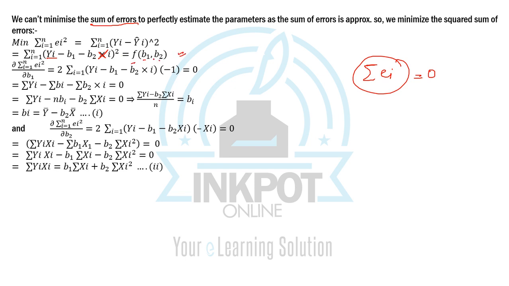Now, in order to minimize that, we'll find the first order condition. The square will come ahead, and the summation will remain as it is. Since we are differentiating this expression with respect to b1, the coefficient of b1 is -1. That's why it is coming here in the multiplication, the usual derivative that we do.